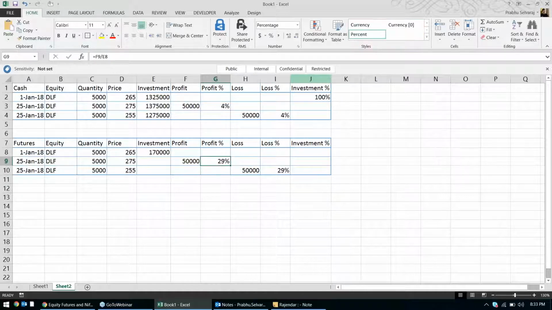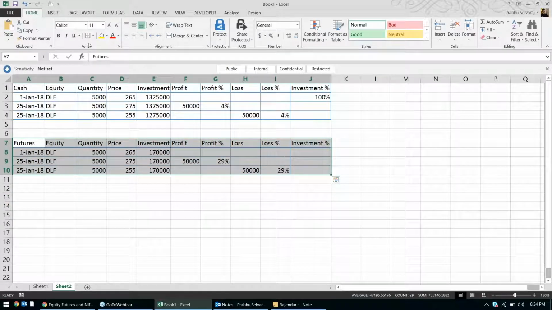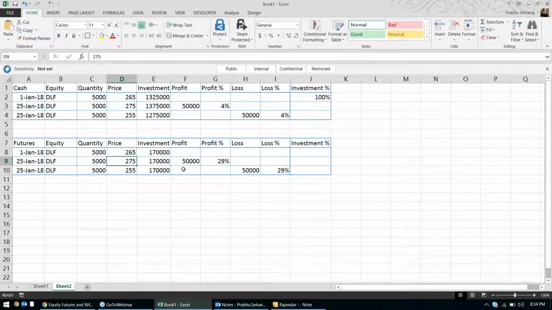Okay, this is clear. Any doubts in this? So I can buy the same 5,000 shares of DLF with an investment of only 1,70,000. If the stock has gone up by 10 rupees, I made a profit of 50,000.